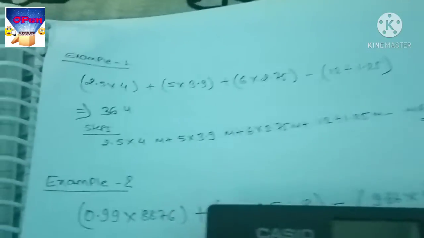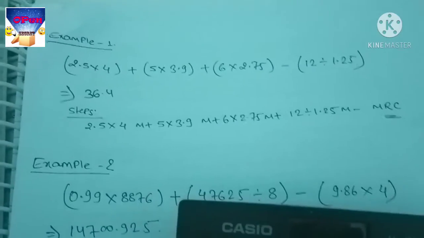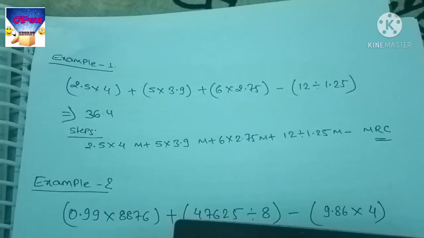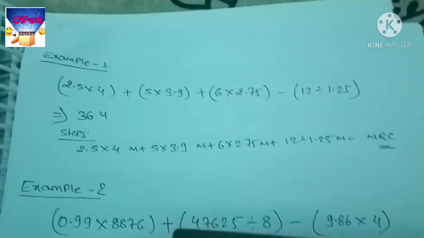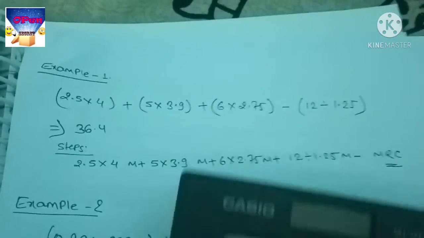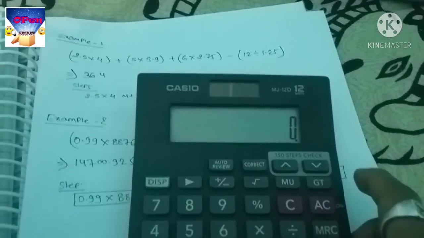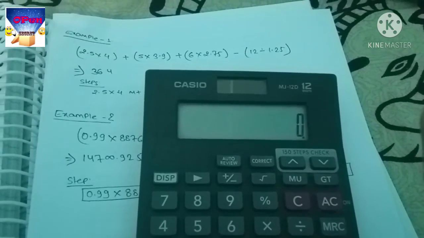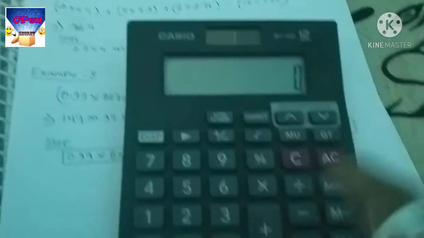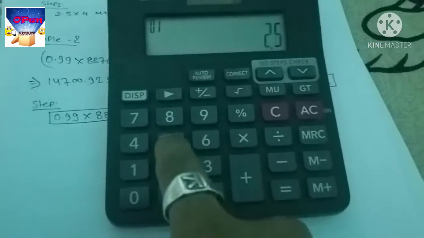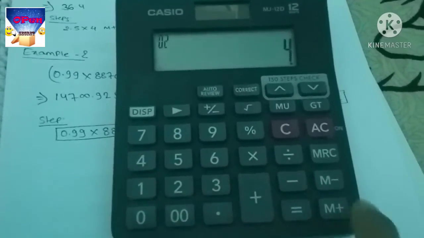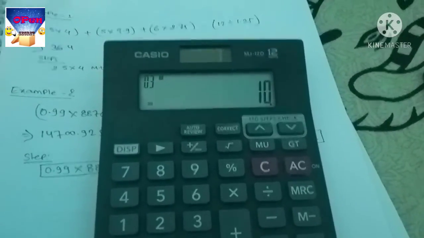So let's start. I have already calculated and you are able to see the answer on the screen, but let's go step by step. The first sum is 2.5 into 4, then M plus.